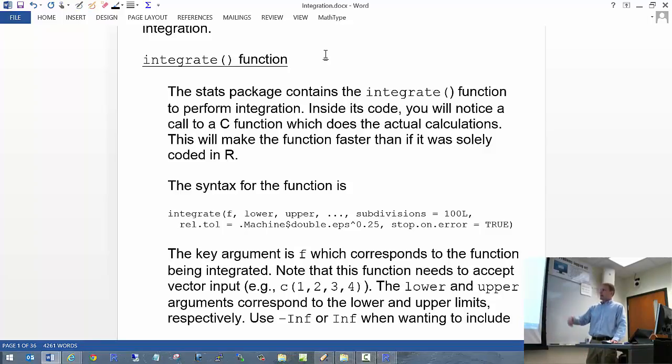And this is the syntax for using the function. The f argument corresponds to an R function that you have written, corresponding to the mathematical function that you want to integrate.